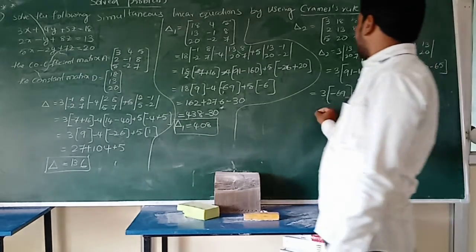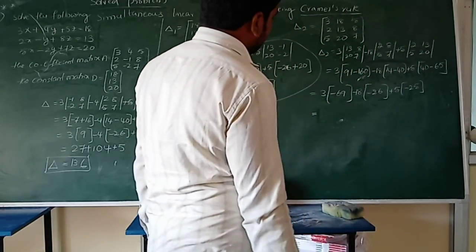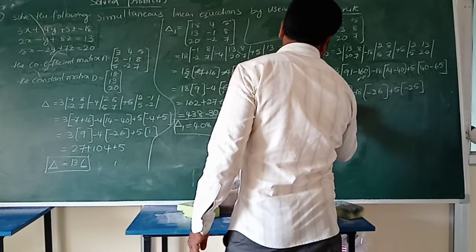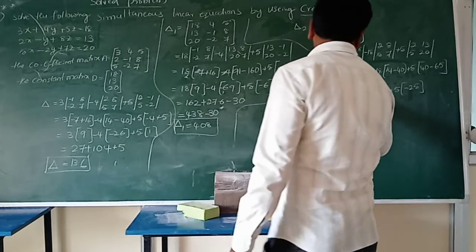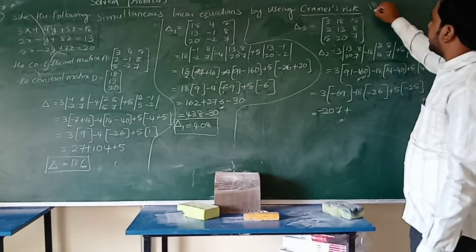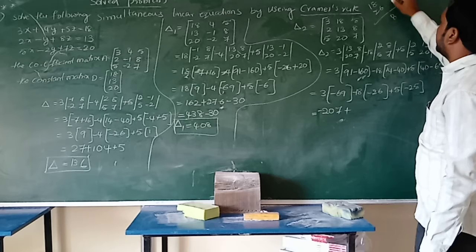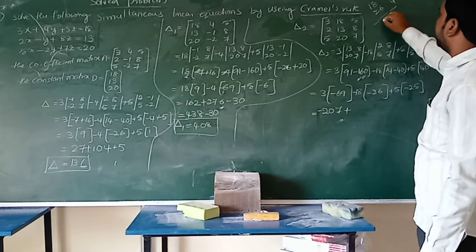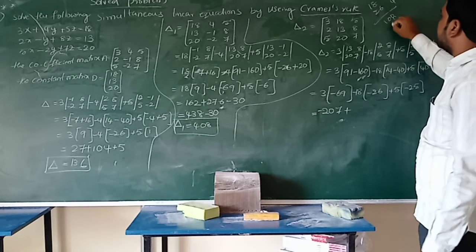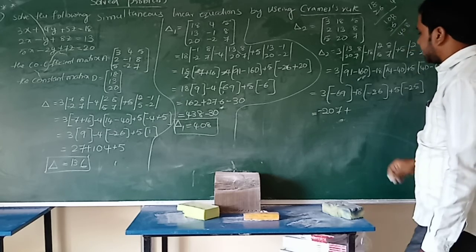That is equal to 3 7s are 21, 210 and minus 3, 207, minus 207, minus into minus plus. 18 26s are 8 6s are 48, 468.